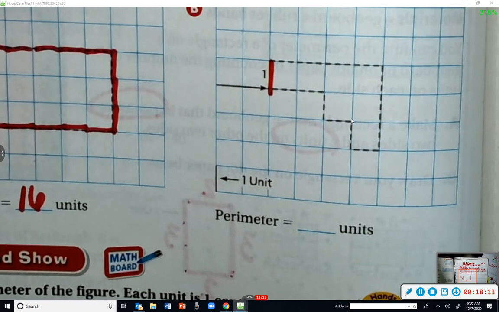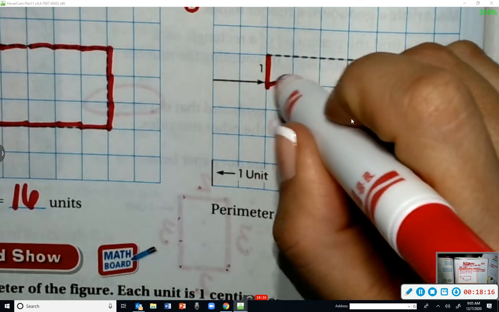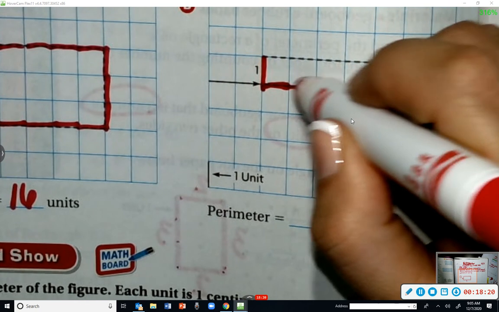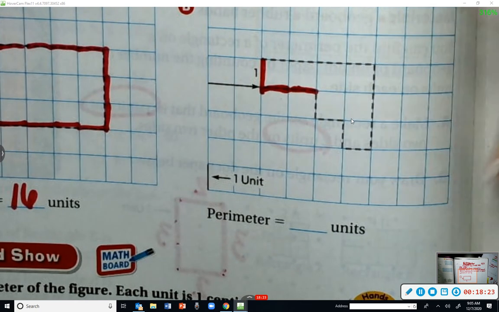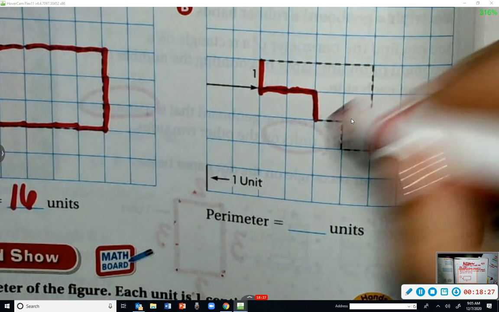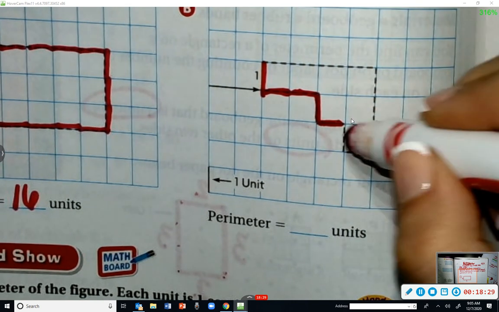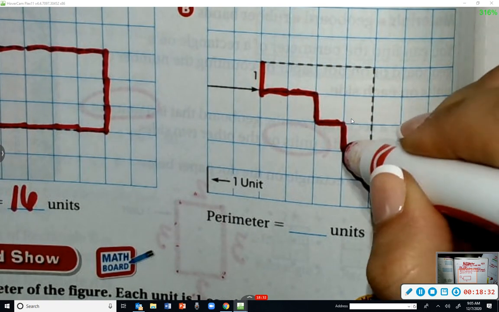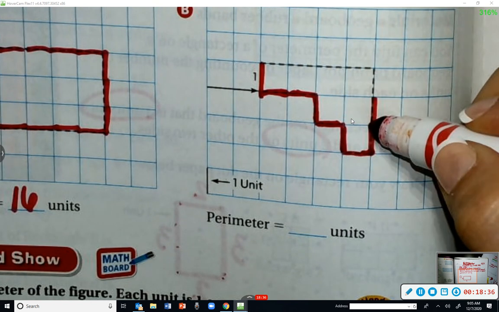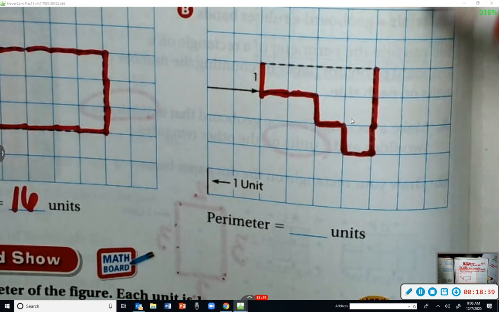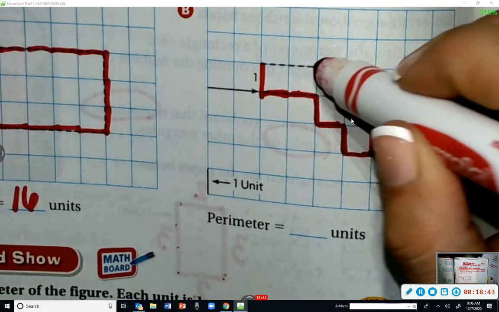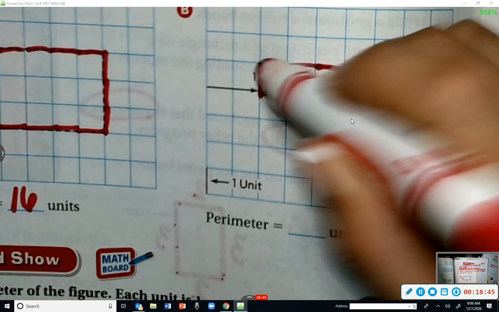There's 1, 2, 3, 4. Even when we turn, we still count it. 5, 6, 7, 8, 9, 10, 11, 12, 13, 14.